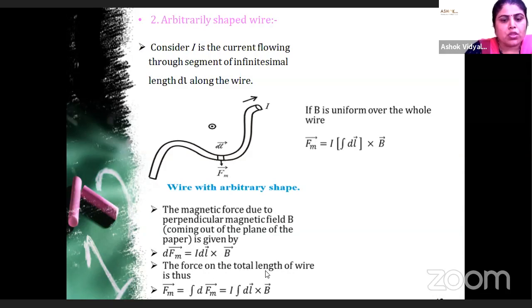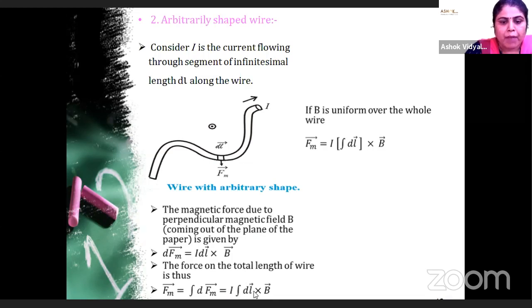The force on the total length of the wire is given by integration. That means we are considering all the dl, the entire length of that arbitrary wire. So F bar m equals integral of I dl bar cross B bar, with I common.